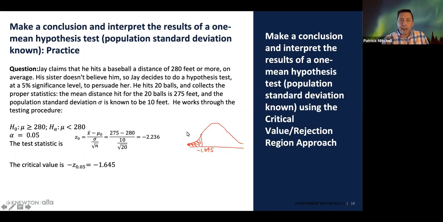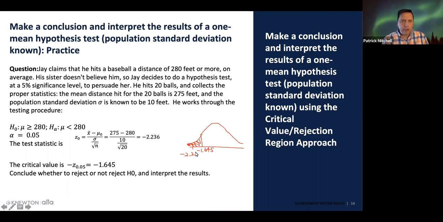And in fact, that's exactly what happened. Our calculated test statistic came out to negative 2.236, which is in the rejection region. So that's why we are going to reject our null hypothesis. Let me just finish writing that number, because that's going to bug me.